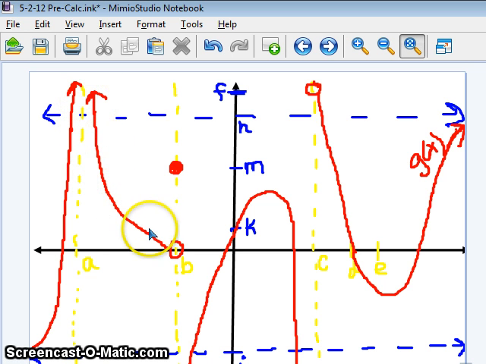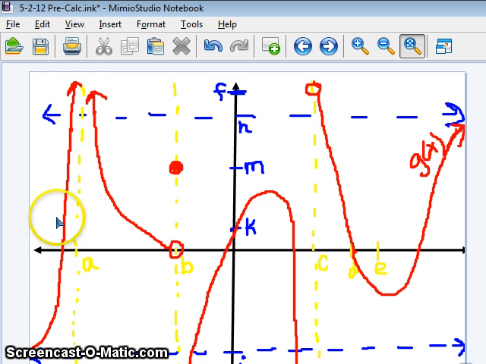What is happening to my function? What does it do when it gets to a? It goes to positive infinity. Good, Allie. So the correct answer for number 3, as x approaches a from the positive side, it does go to positive infinity.